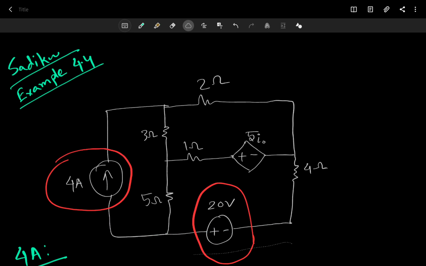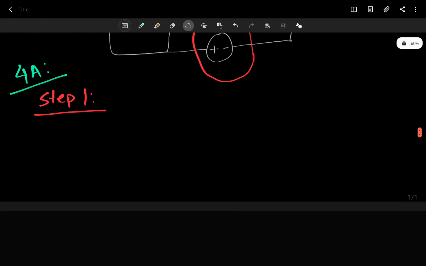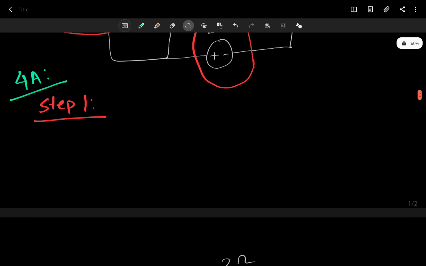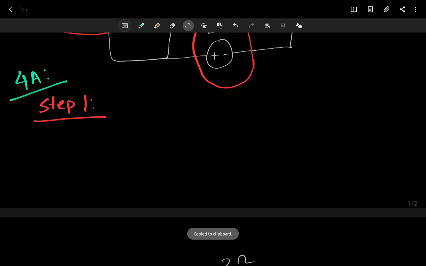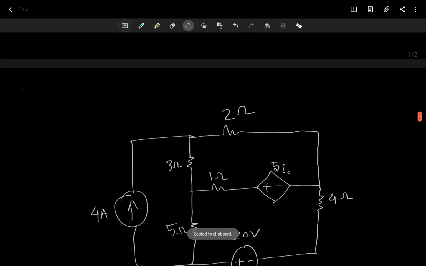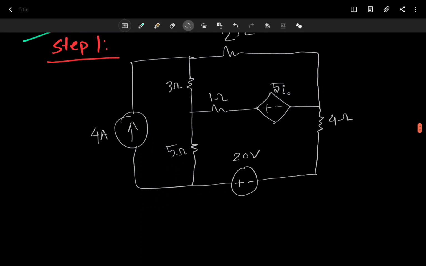Okay, copied. I don't have much space there. Okay, so step one, I have to keep the voltage source, this one, alive, and I want to kill this one.